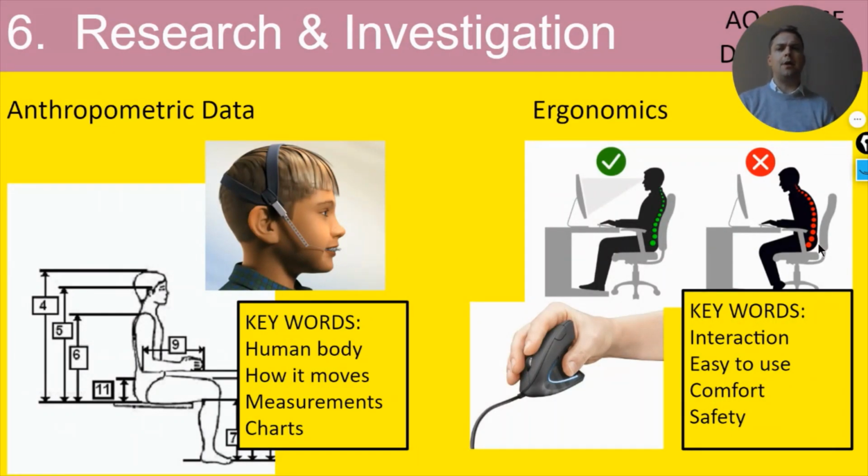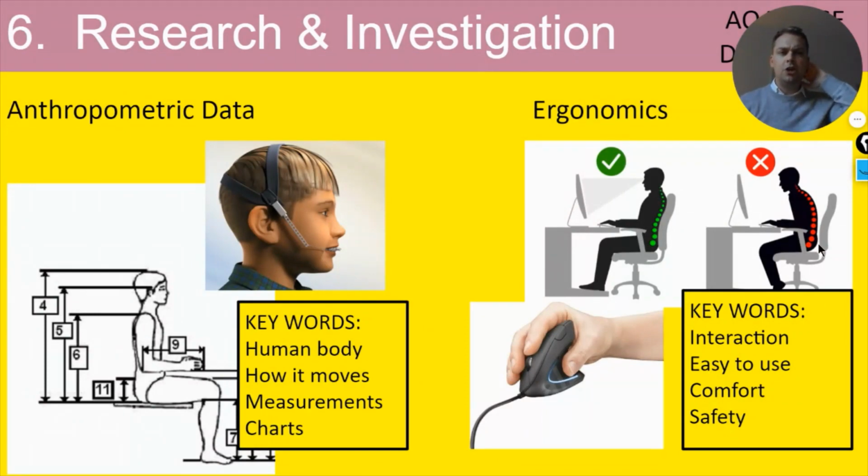So let's recap. Anthropometric data, human body measurements taken from the human body. You can see there that we've got an image of a young man with a headset on. Now, in order to make that headset suitable and fit for purpose, we may take some anthropometric data from head size, and that data and those measurements will inform how we go and design it.